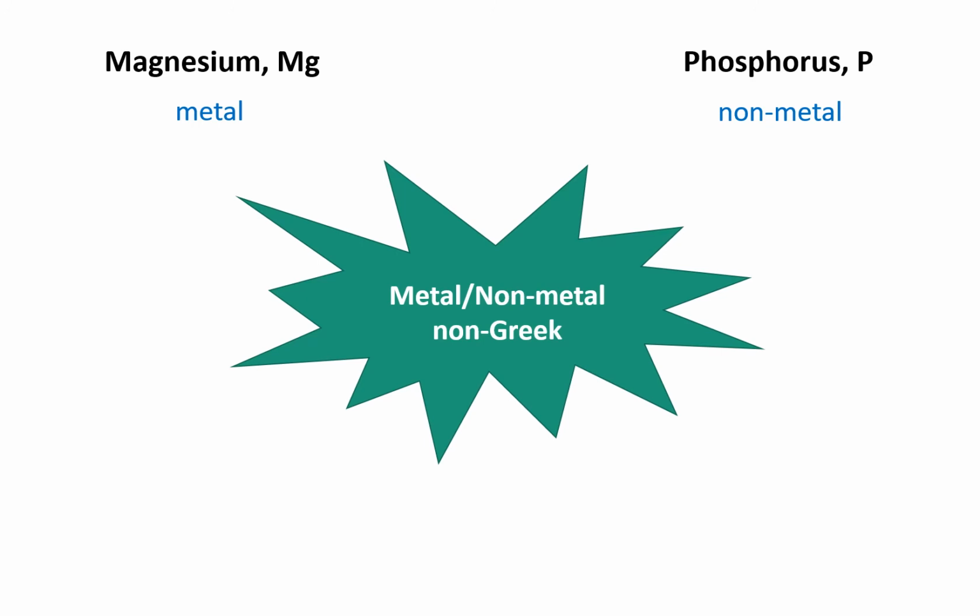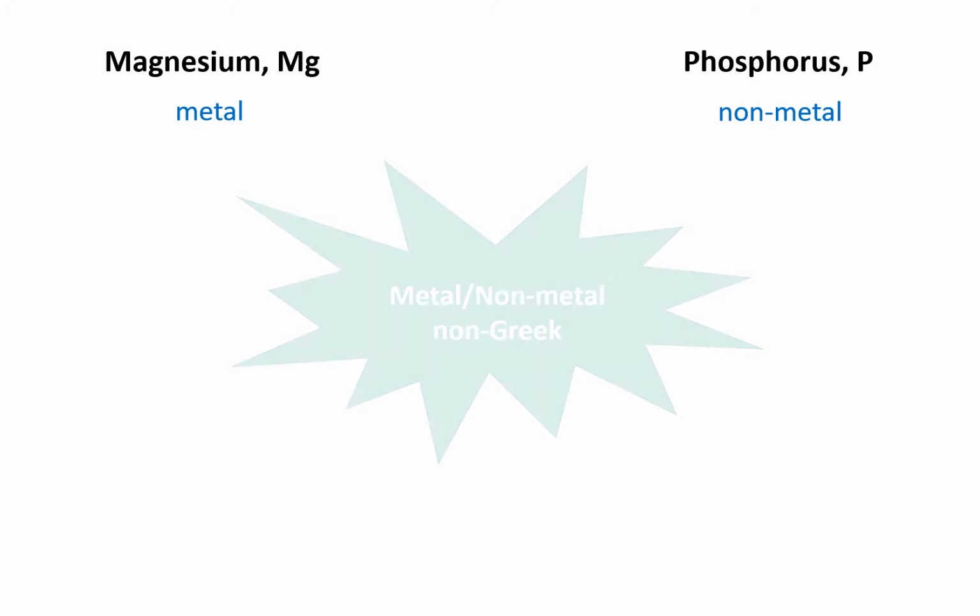And as a last example, we'll work on the reaction between magnesium and phosphorus. Once you classify magnesium as a metal and phosphorus as a nonmetal, you determine that there will be no Greek prefixes in the name of the compound formed as a result of their combination.